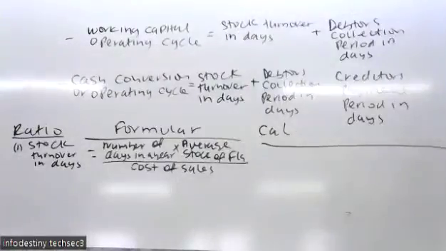So simply take number of days in a year, multiply by the average stock of the finished goods, divide by the cost of sales.